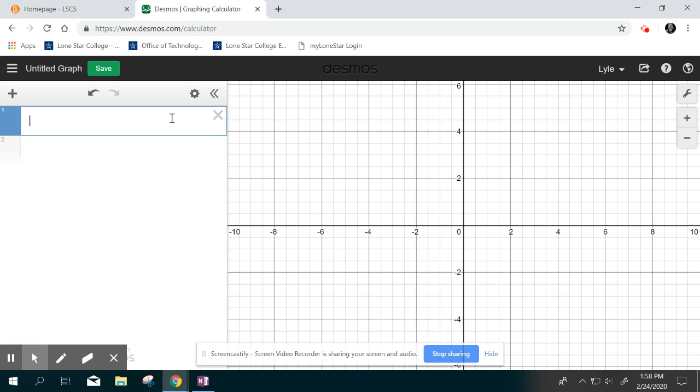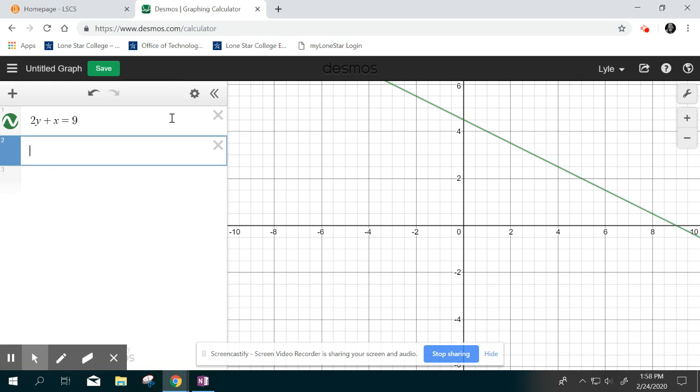So what are the equations? Did you write them down? Wait, 2y plus x, and the other one? Oh, look at that.